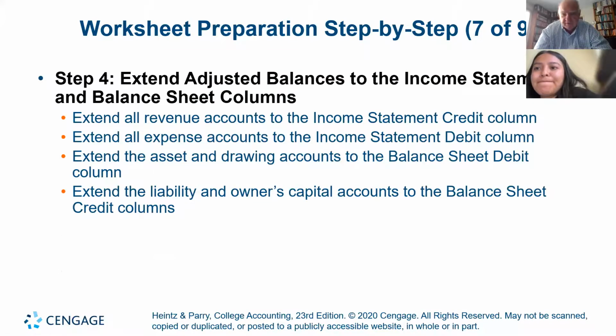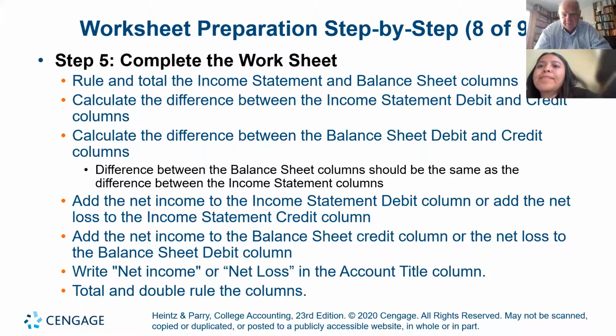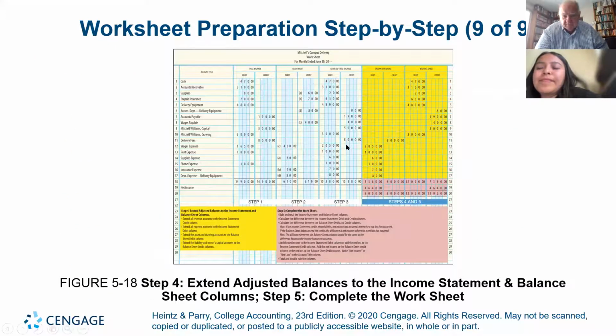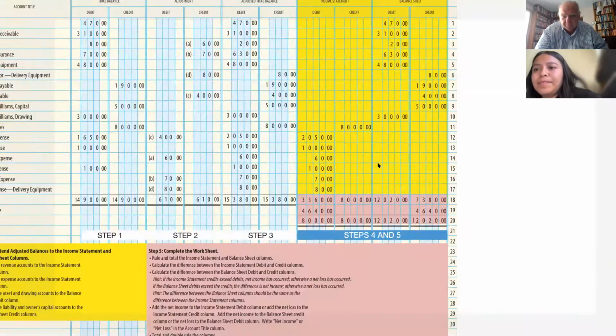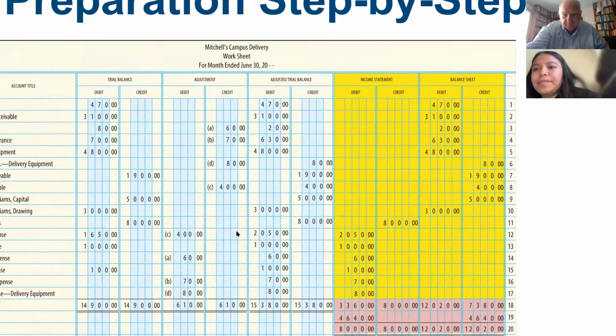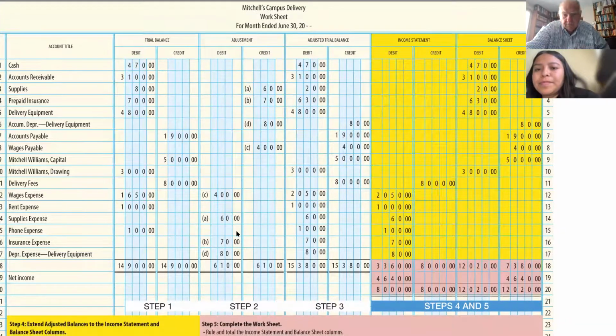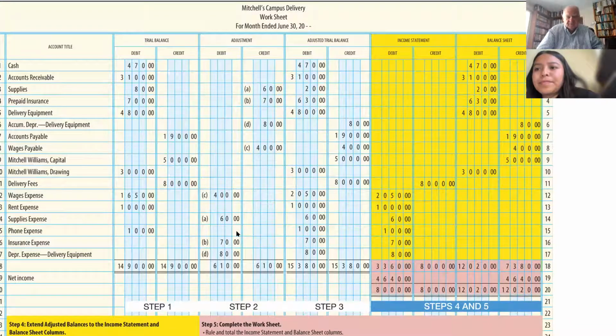Now we're up to 7 and 8, the income statement. Take a look at the income statement. Like I said many times, everything below capital is your income statement.